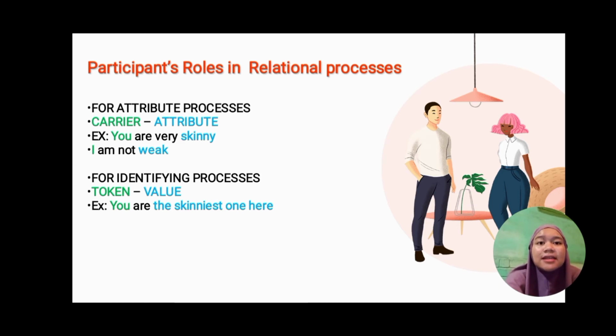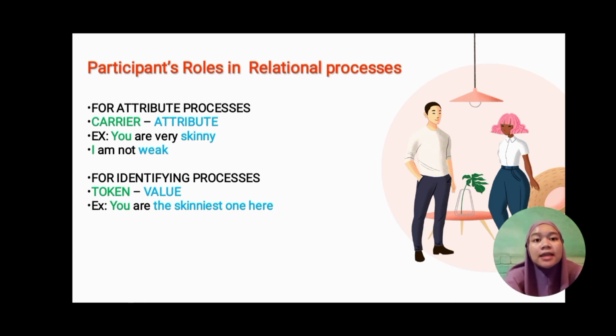The first, attributive processes, is a process of giving an attribute to a thing, and the participants should contain a carrier and attribute. For example, you are very skinny. You represents the carrier, are represents the process, and skinny represents the attribute.